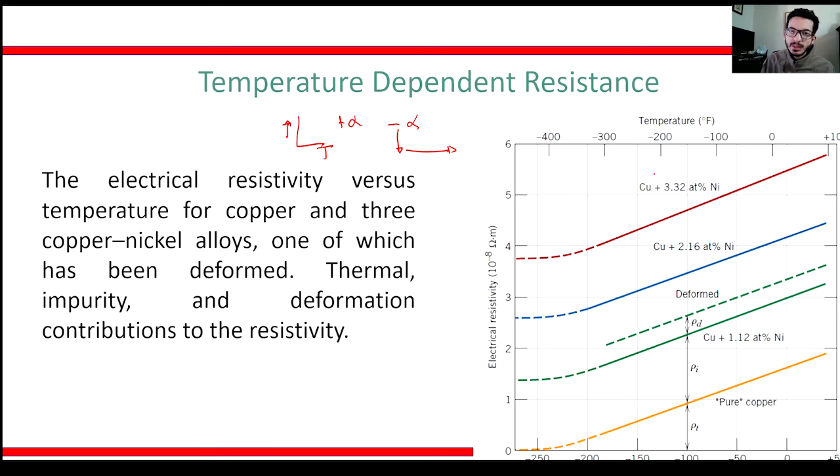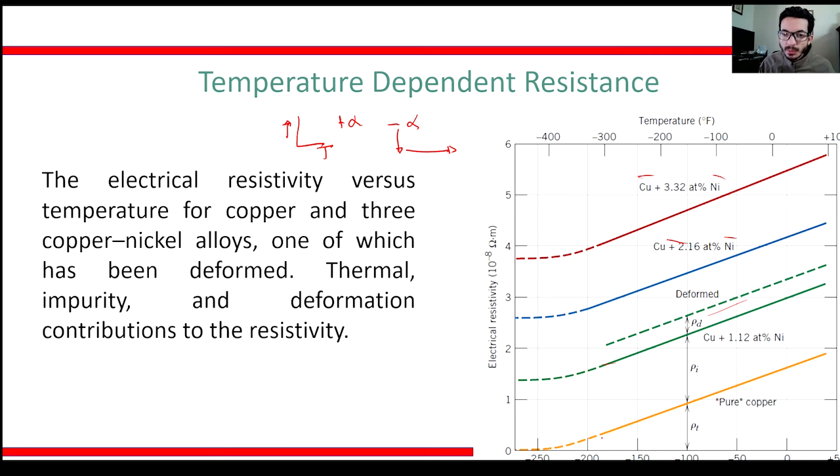And then we have here different alloys or different mixes or solutions of solids. We have copper and nickel, we have copper at different percentages, so the solutions are different percentages. Also, this is what in mechanical engineering is called cold worked or cast iron. Depending on the manufacturing process that you follow, you can also have different values of resistivity.